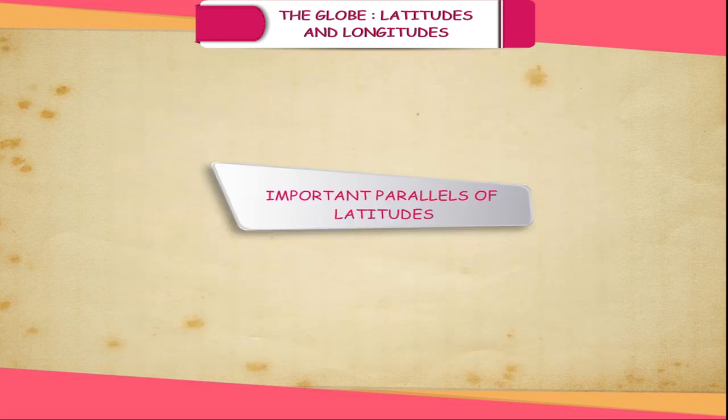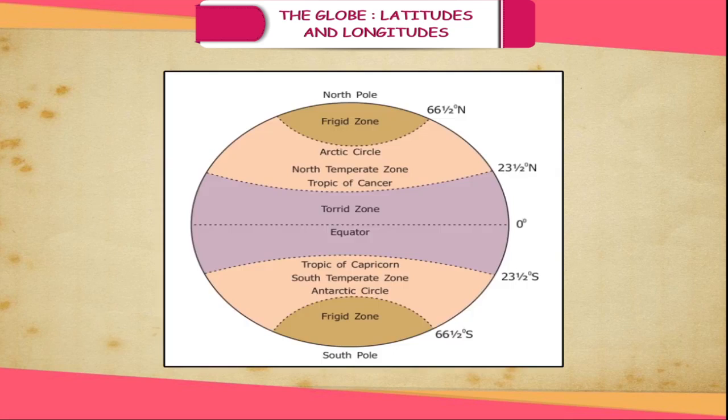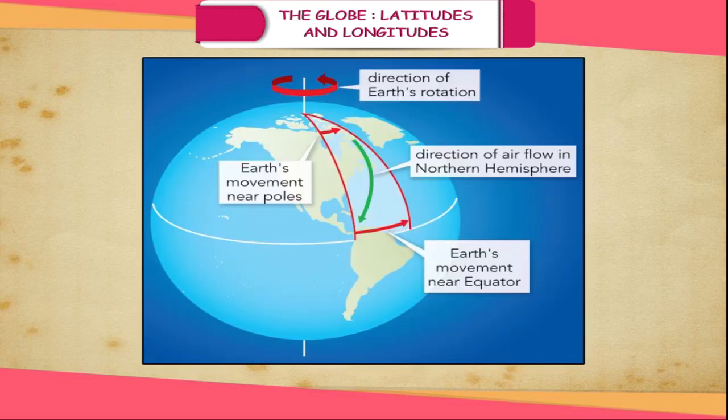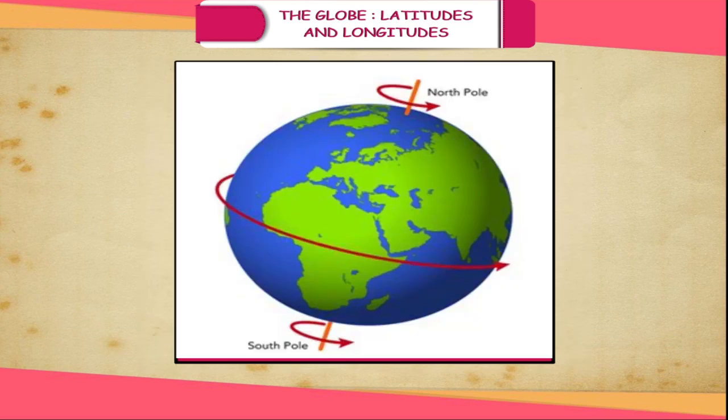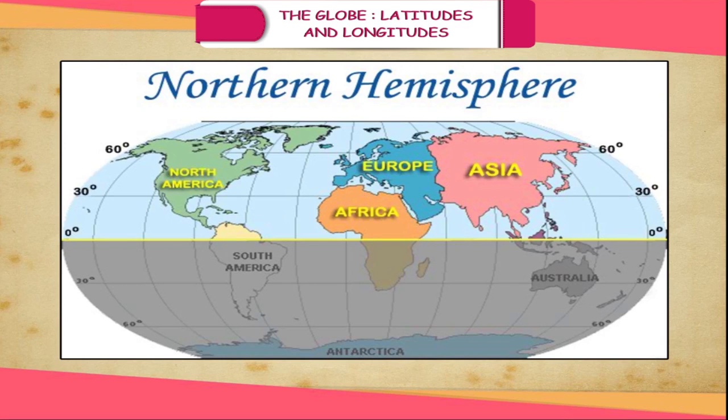Important parallels of latitudes. The latitude of a place is its angular distance north or south of the equator. It gives the location of a place from the equator. There are 4 important parallels of latitudes. A. Tropic of Cancer, 23.5° north, in the northern hemisphere.